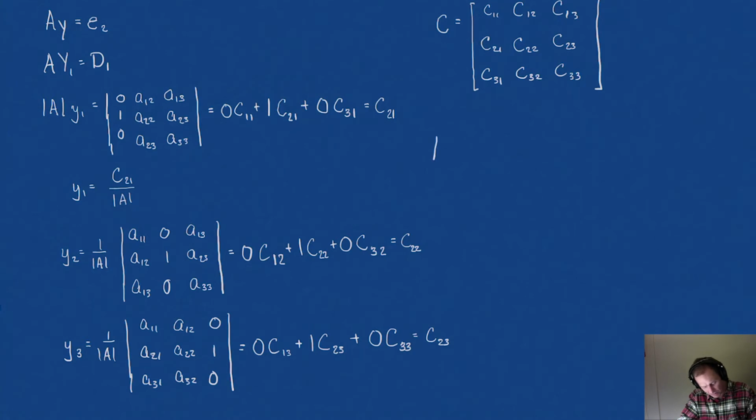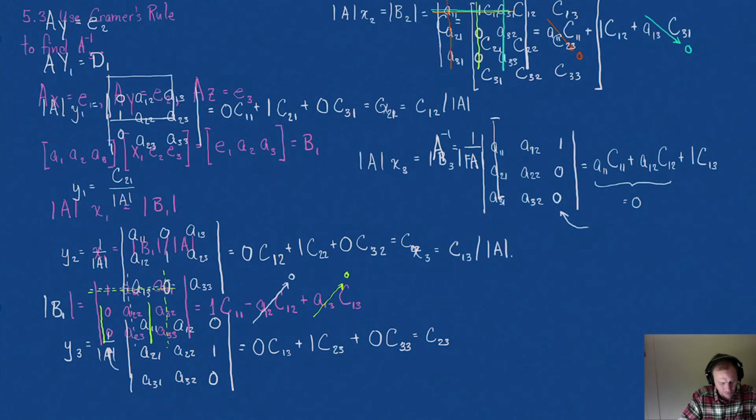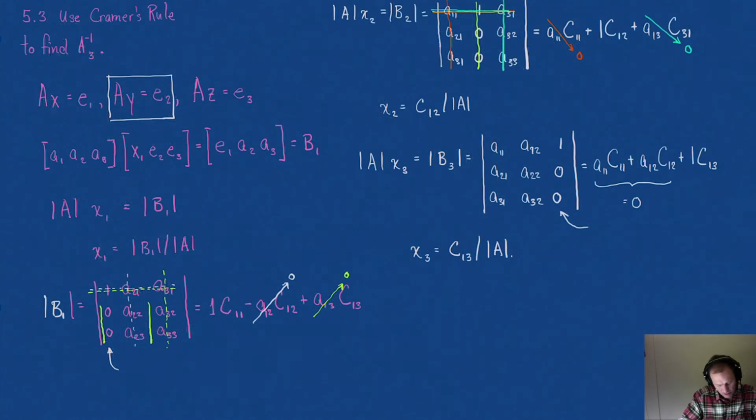Okay, but now let's look at our A inverse. Our A inverse is equal to 1 over the determinant of A, because that's in every term. So let's just factor that out. Times, well, we said that x1 was from the previous page. Let's go back and bring up x1. X1 was C11. X2 is going to give me the C12. X3 is C13.